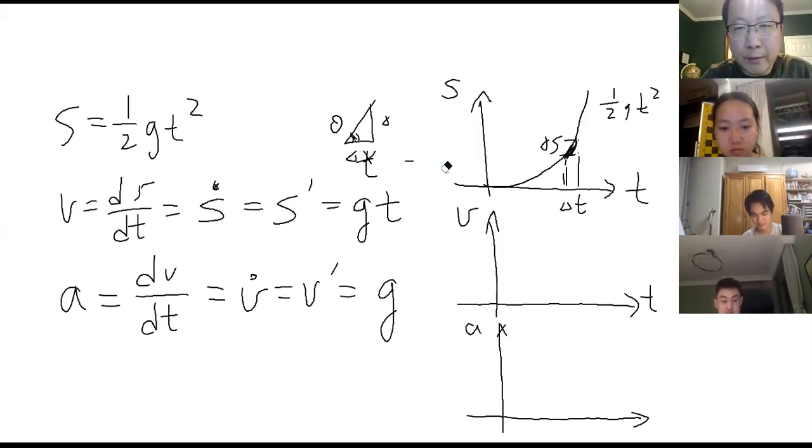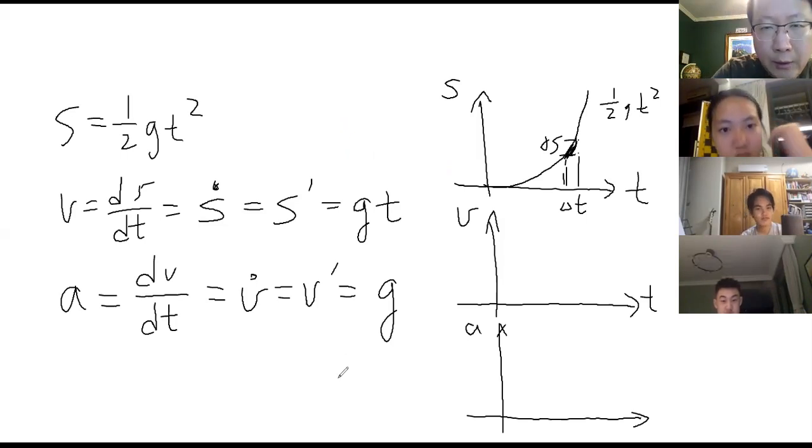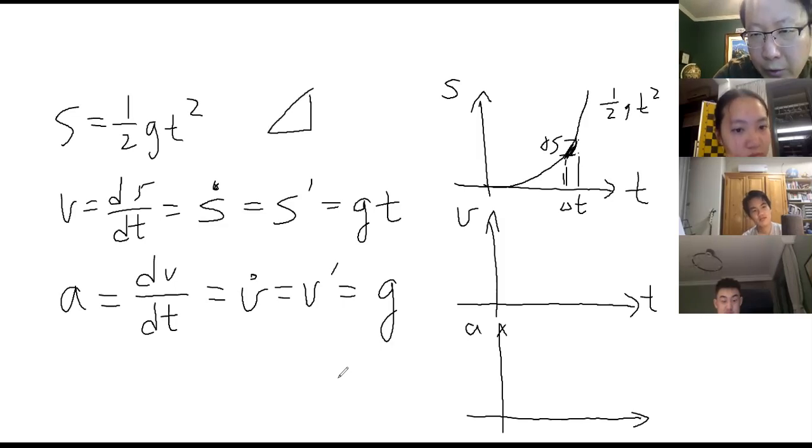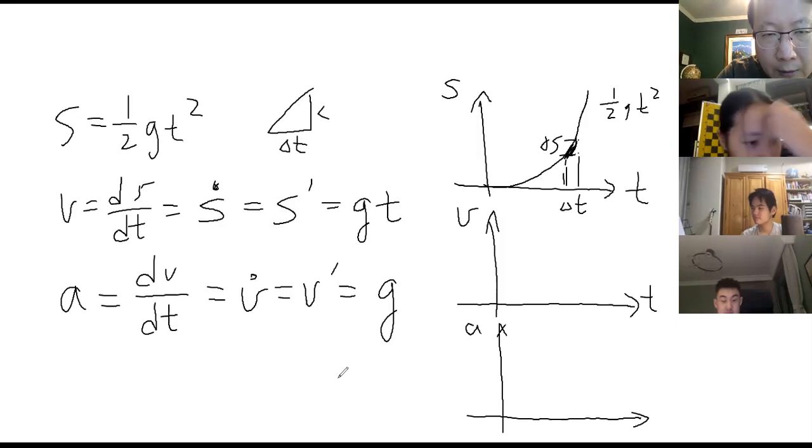Really bad. That's why I hope I have a better tool. So basically I'm saying that if you look at that small triangle I was drawing there, on the horizontal you change delta t, vertically you change delta s.